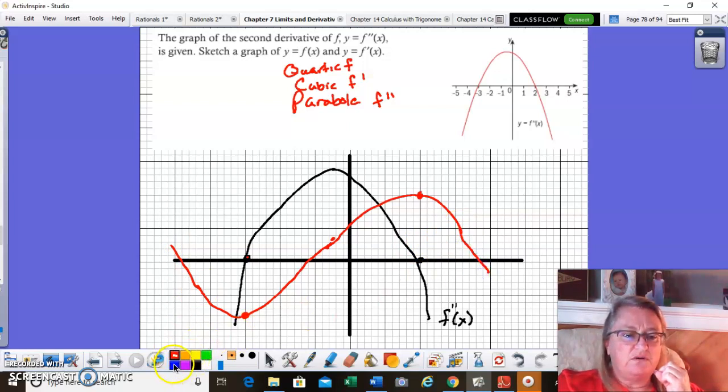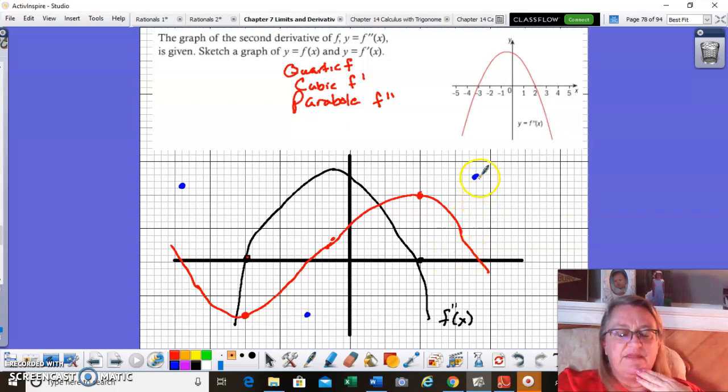Okay, so I have a 0 right here that went from positive to negative. Positive to negative means this would be a maximum point. I have a 0 here that went from negative to positive, which would mean it would be a minimum point. And I have a 0 here that went from positive to negative, so that means it would be a maximum point.